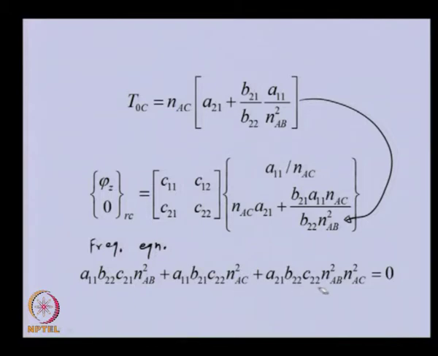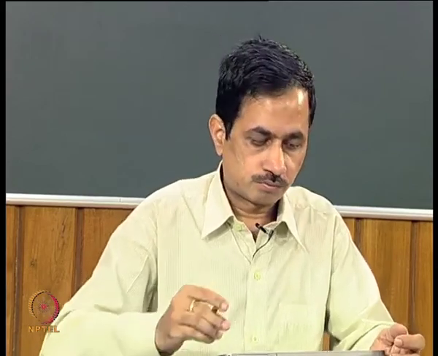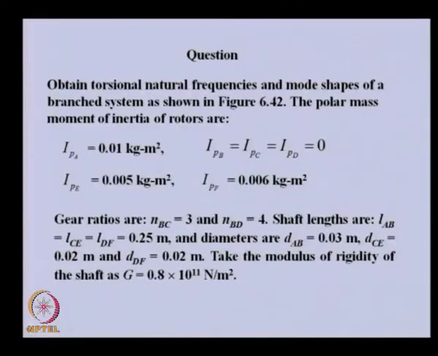And once we get the frequency equation, we can use transfer matrices to get the relative displacements at various locations to get the mode shapes corresponding to each of the natural frequencies. Let us take one example of a branch system, so that the method we explained will be more clear. So, here we are taking a branch system.